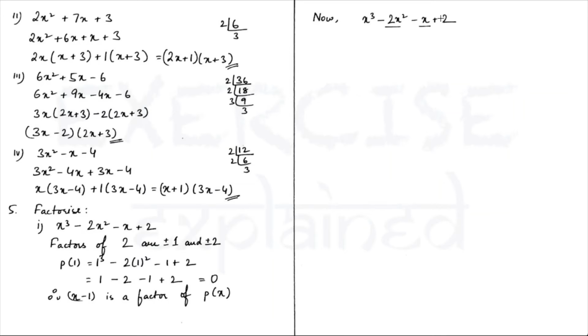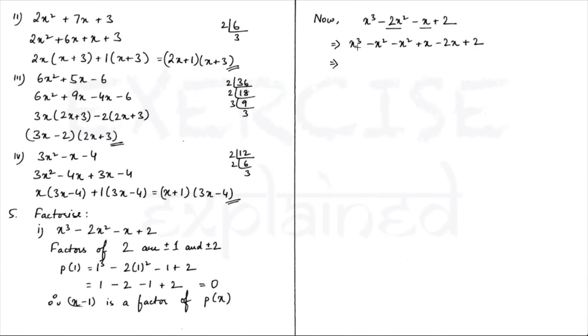So I split this minus 2x and I split this minus x. So you can see here x cube minus x square plus x, and what I do is this minus x can be written as plus x minus 2x plus 2.